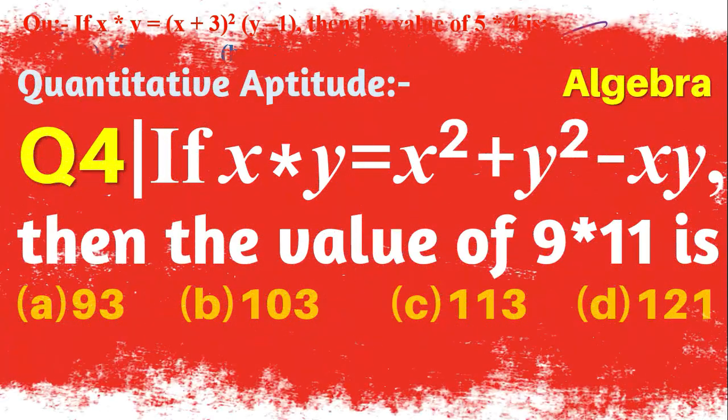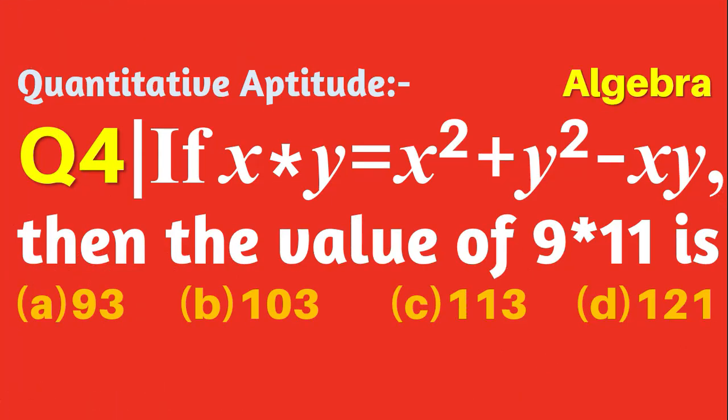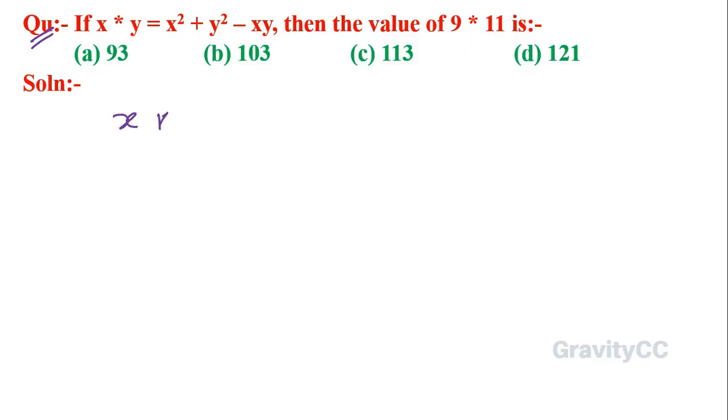If x star y is equal to x square plus y square minus xy, then the value of 9 star 11 is. So here given x star y is equal to x square plus y square minus xy. So now we replace x by 9 and y by 11.